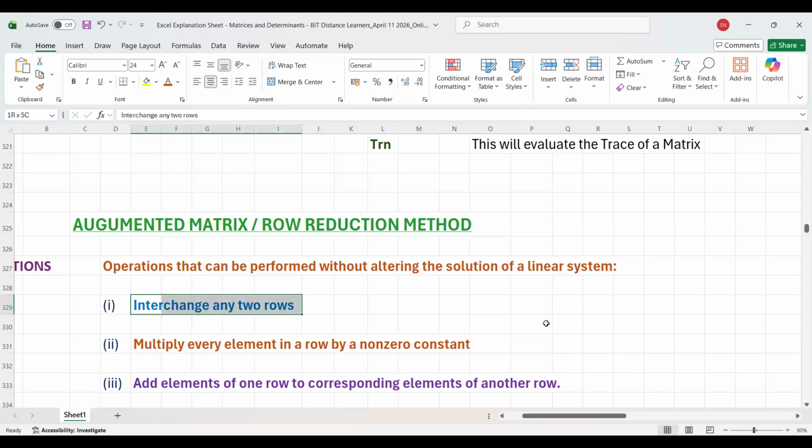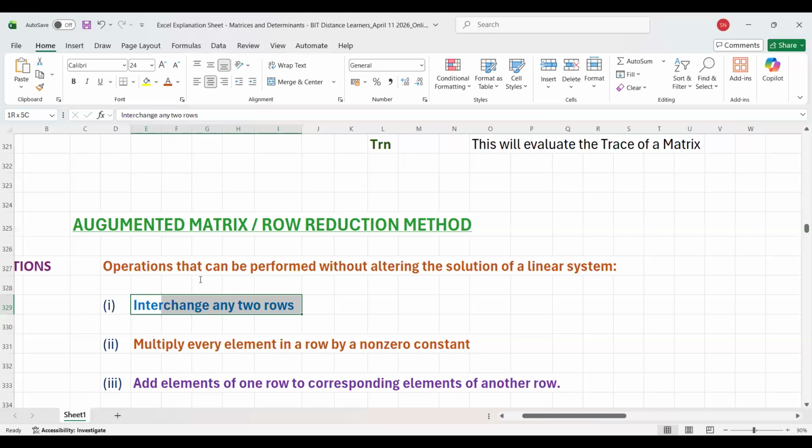So let's take a problem. Now let's say 3x minus 2y plus 5z. So this equation, we call the second equation minus 2 minus 1 and 4.